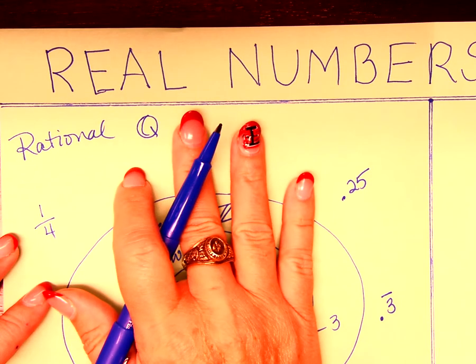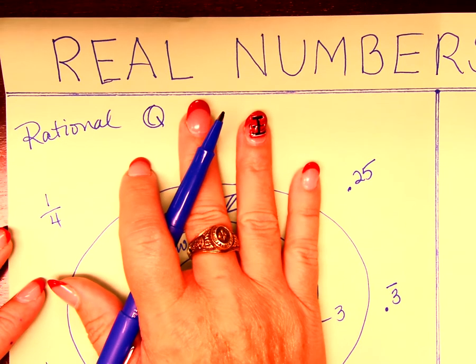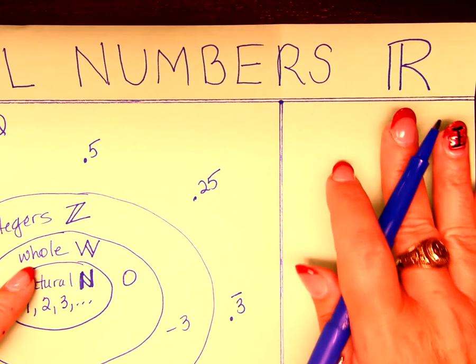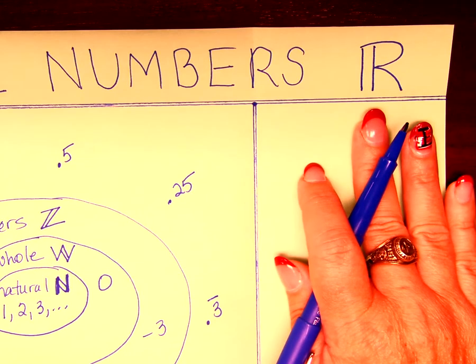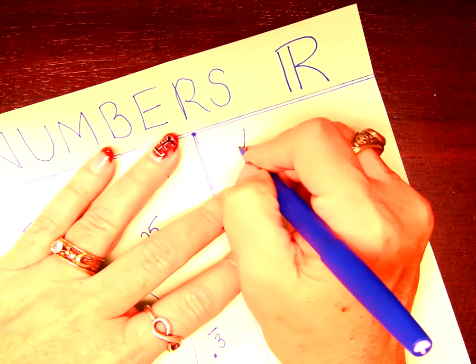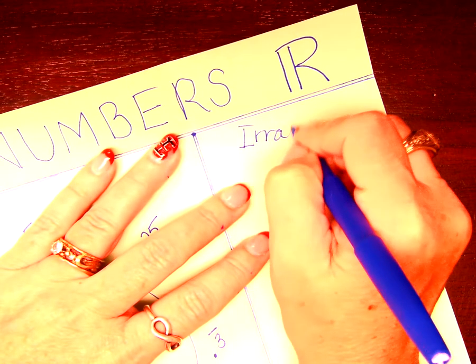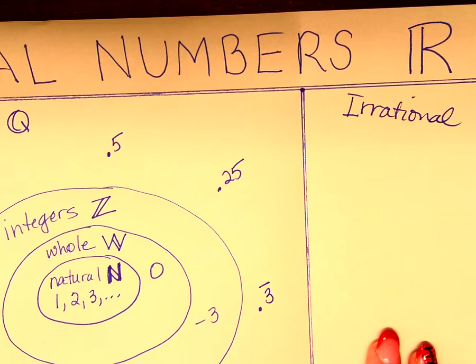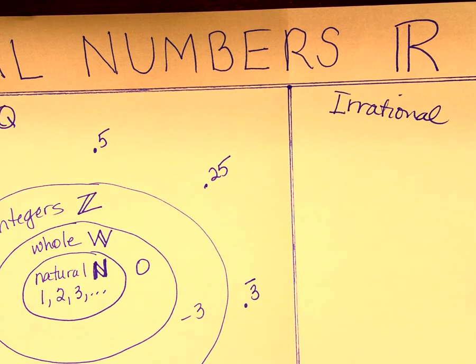So if these are rational numbers and they are numbers that can be written as a fraction, what is this? That's exactly right. Irrational. And an irrational number then is one that can what?